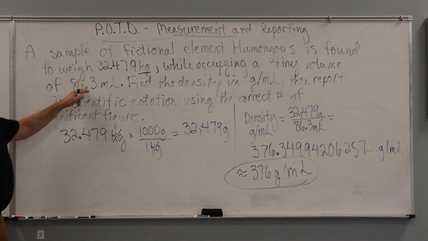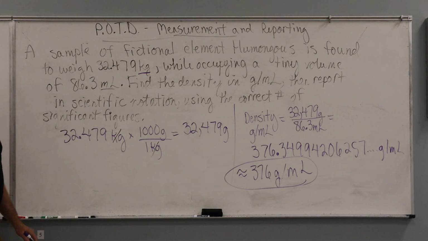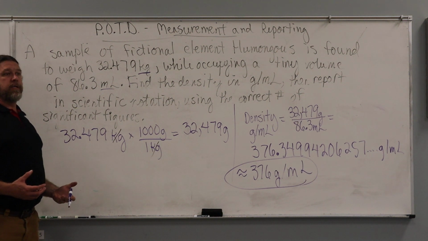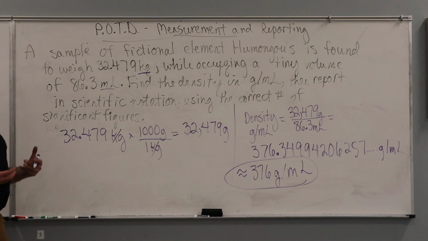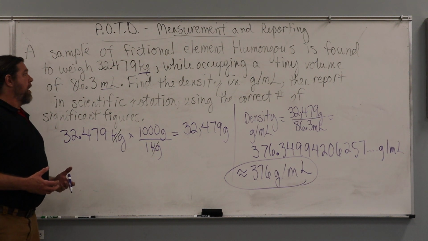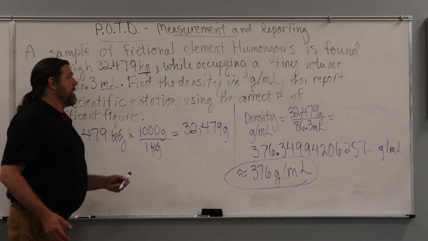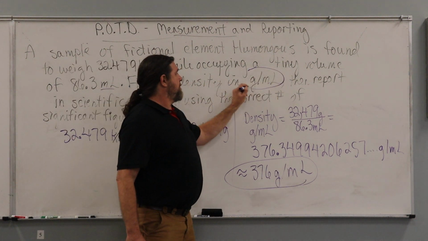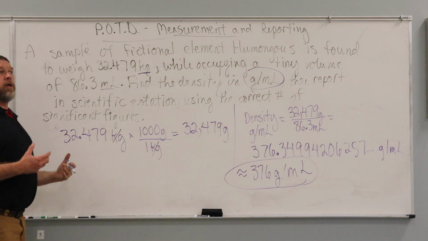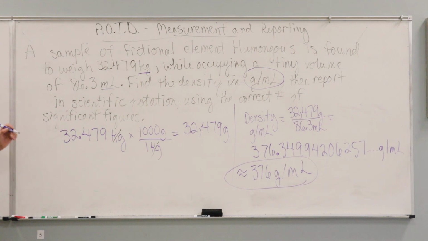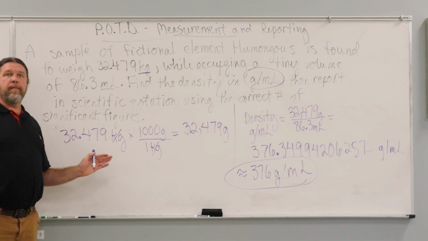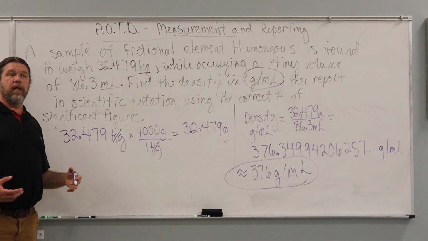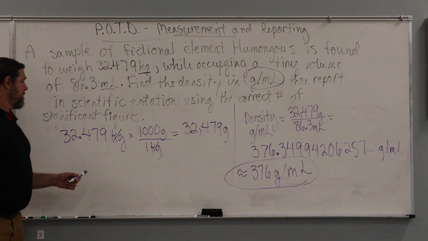We have our volume in milliliters, but we can't do kilograms to milliliters. That's not a standard way of measuring density, and I did state very specifically I want it in grams to milliliters. So we know that every kilogram has 1,000 grams, so kilo literally means times 1,000.